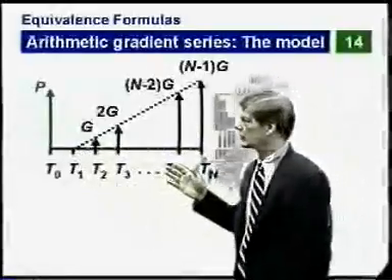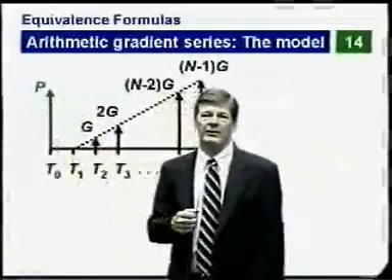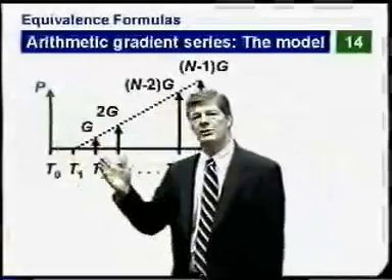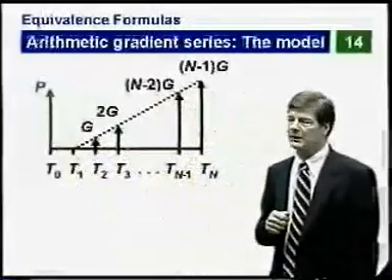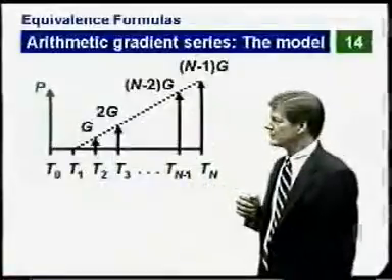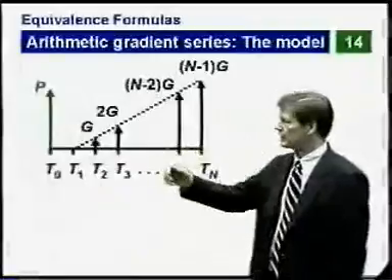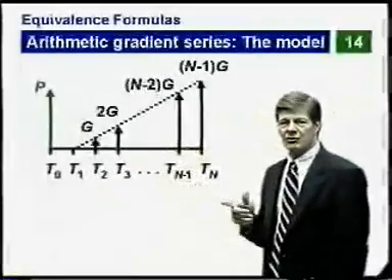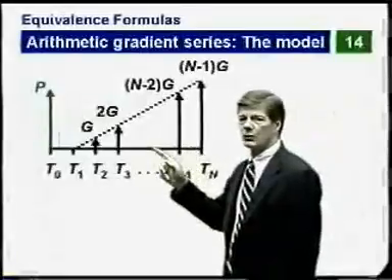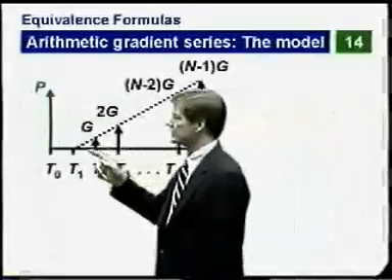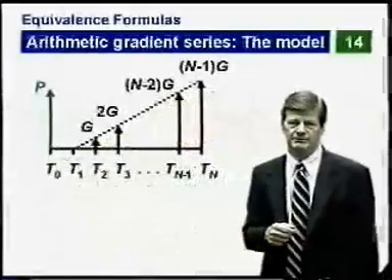So we'll just develop a factor only for calculating one value, and let's develop a factor that calculates a present sum that's equivalent to a cash flow stream that's represented this way. Again, to solve that problem, if I wanted to find a present sum that's equivalent to that cash flow stream, in theory, what I can do is simply discount each cash flow one at a time back to time t sub 0, add them all up, and I'll have that present equivalent.